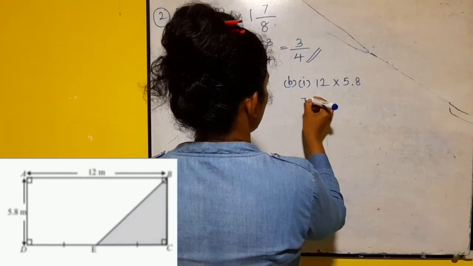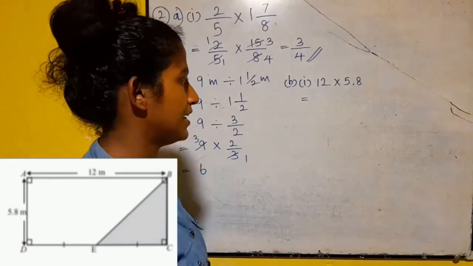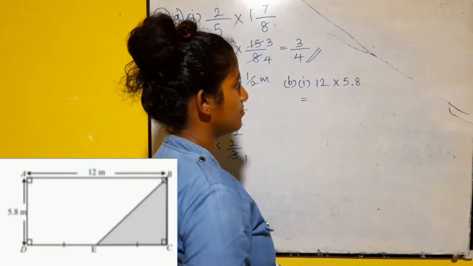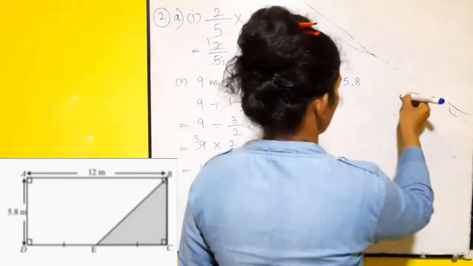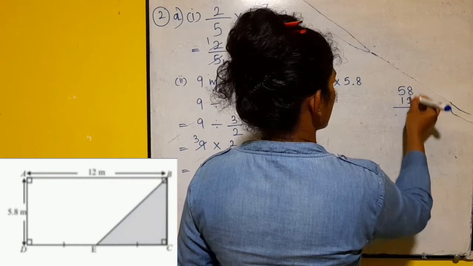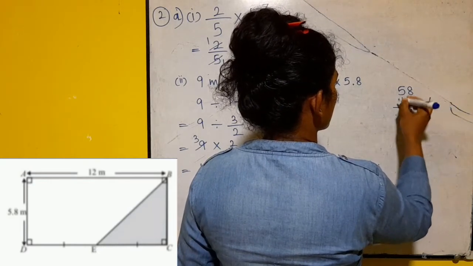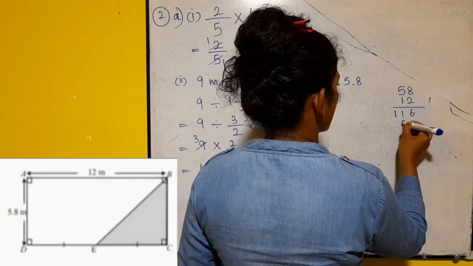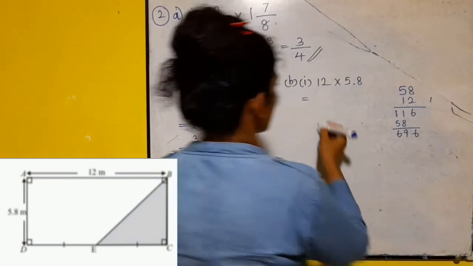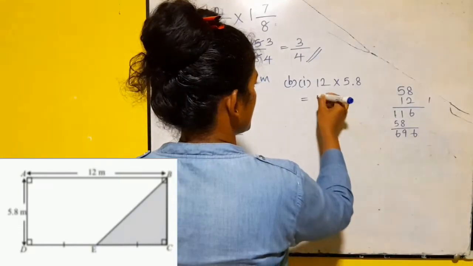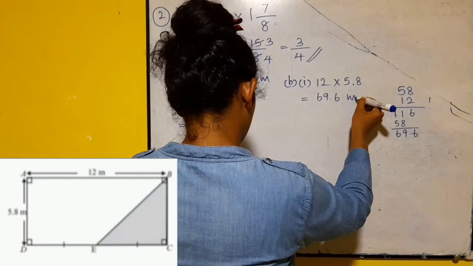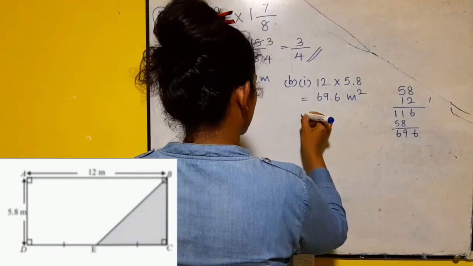When doing a decimal multiplication, you can neglect the decimal point first, multiply the two numbers, and then put the decimal point back after that. 58 multiplied by 12. Then the answer will be 69.6. The unit is square meters.